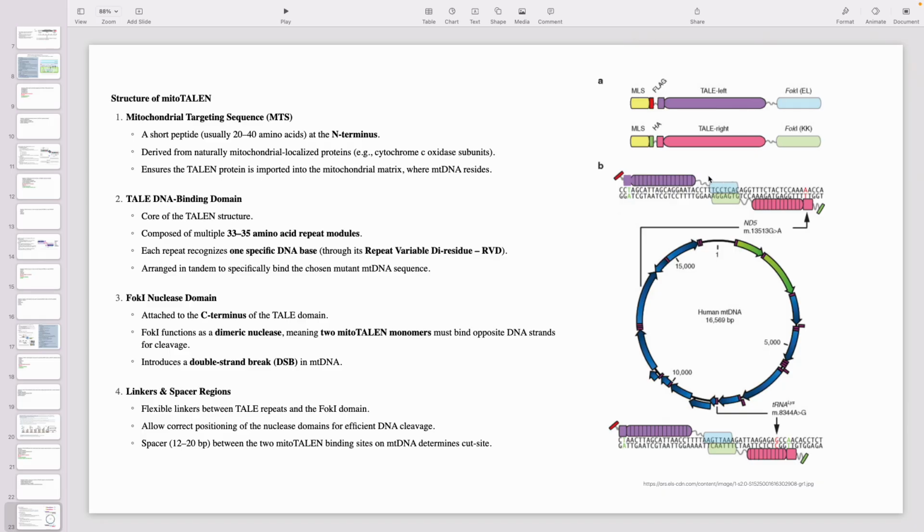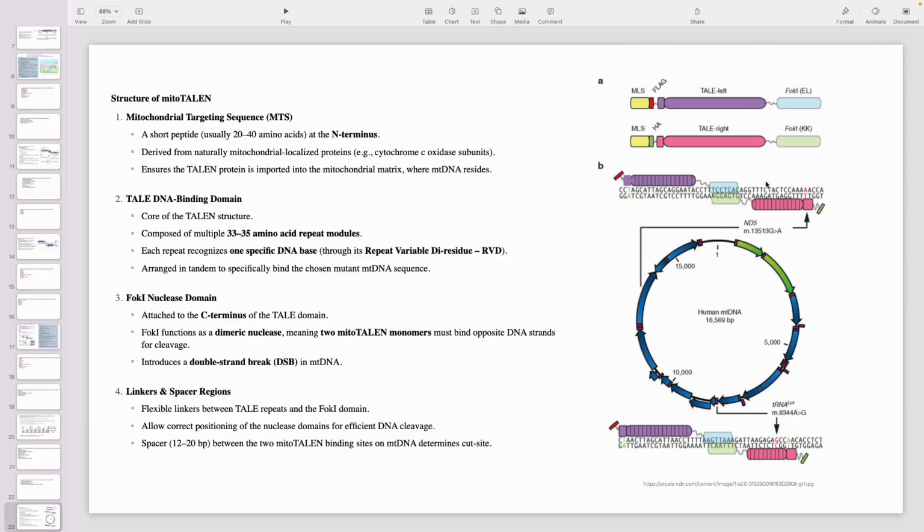Then this is attached to the FokI endonuclease, fused at the C terminal of the TAL domain. Again, it has to be dimerized to function properly. So we need two functional TALENs, one going and binding to the upstream region, and one binding to the downstream DNA sequence.